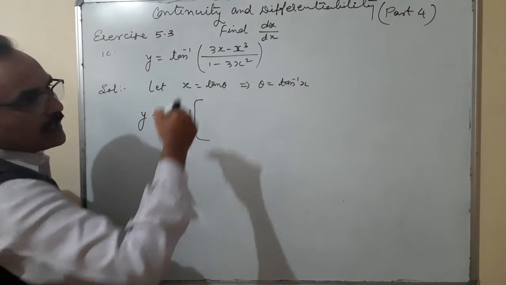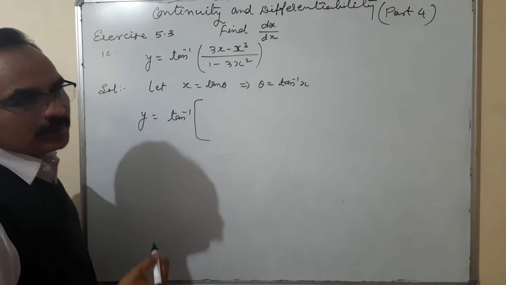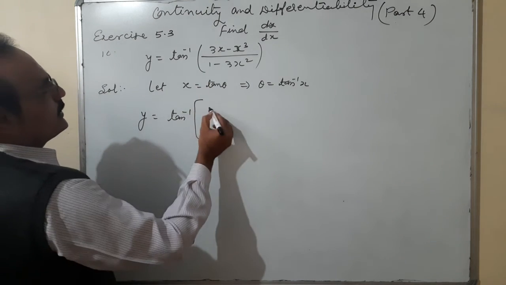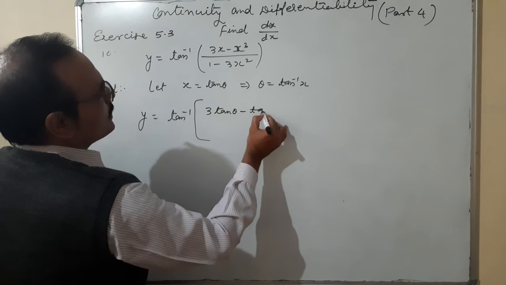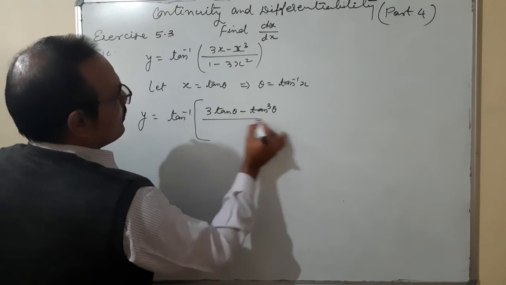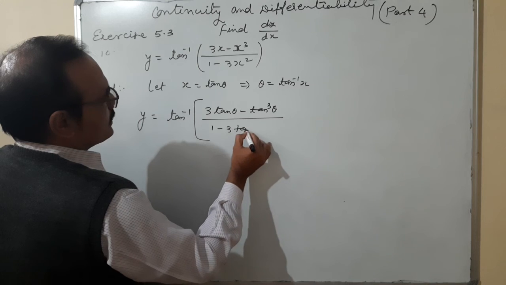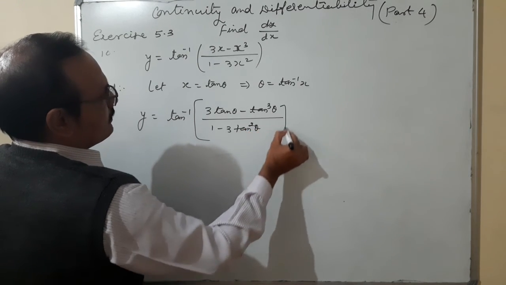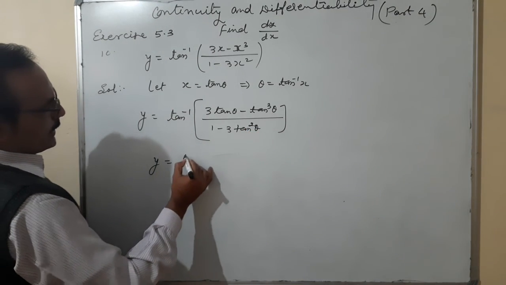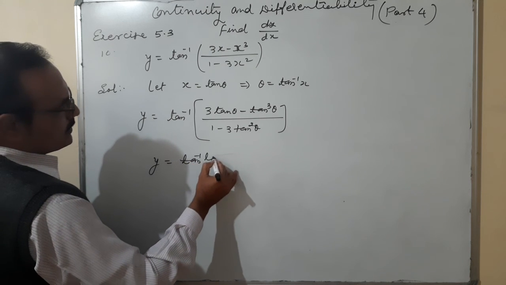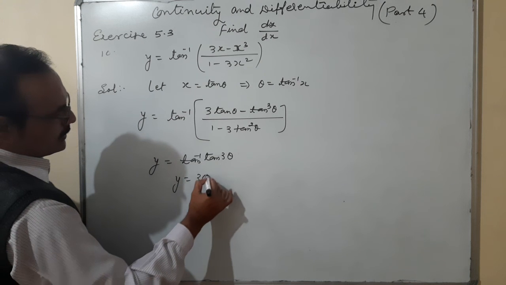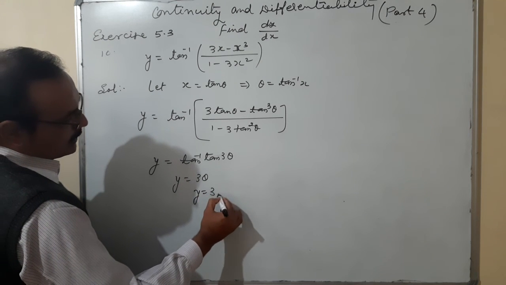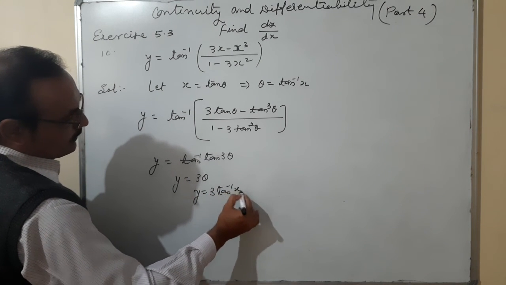So definitely on the right hand side in a bracket you will observe that there must be the formula 3 tan theta minus tan cube theta upon 1 minus 3 tan square theta. It is coming y is equal to tan inverse. What is this? Tan 3 theta. So therefore y is equal to 3 theta, y is equal to 3 and theta is tan inverse x.